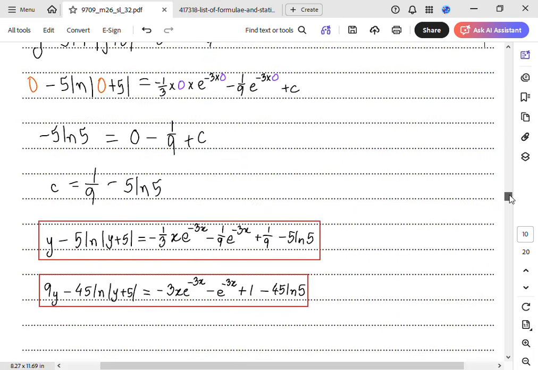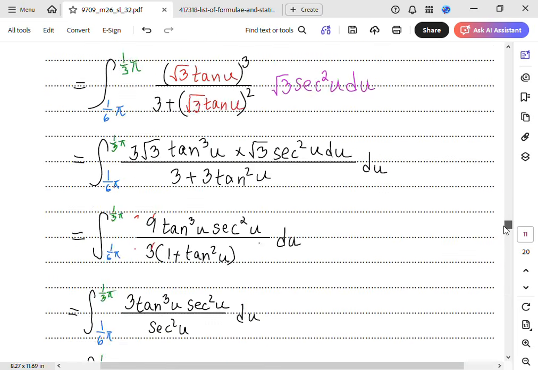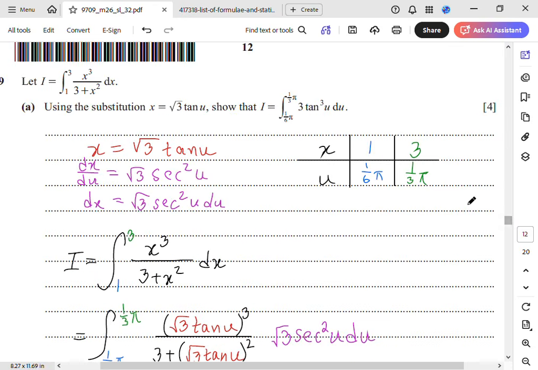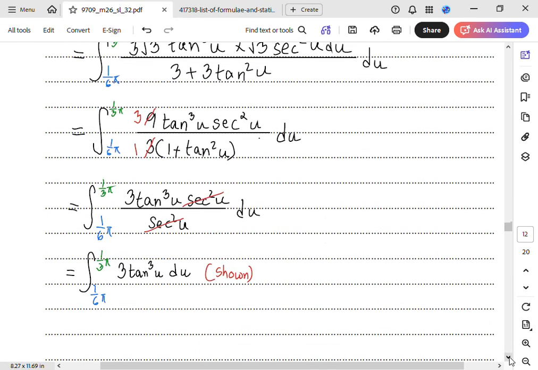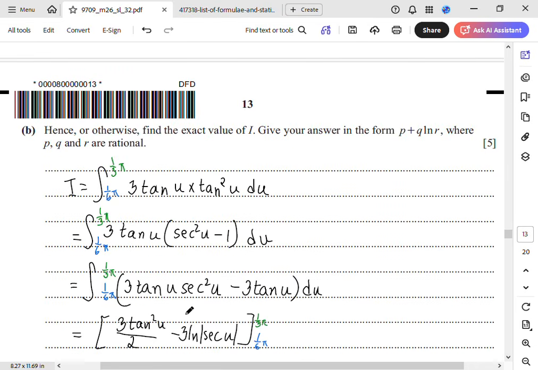So you have tan u as my function, and the derivative of tan u is sec squared u. It's there, right? So I'm going to integrate the power. You can assume that tan has a power of 1. If you integrate the power, it becomes squared.